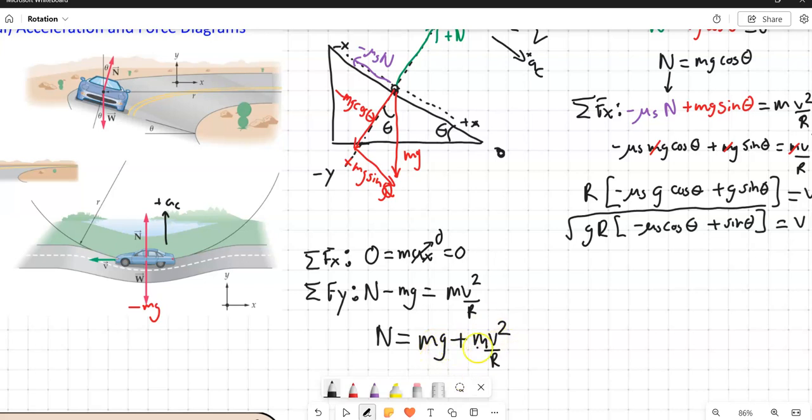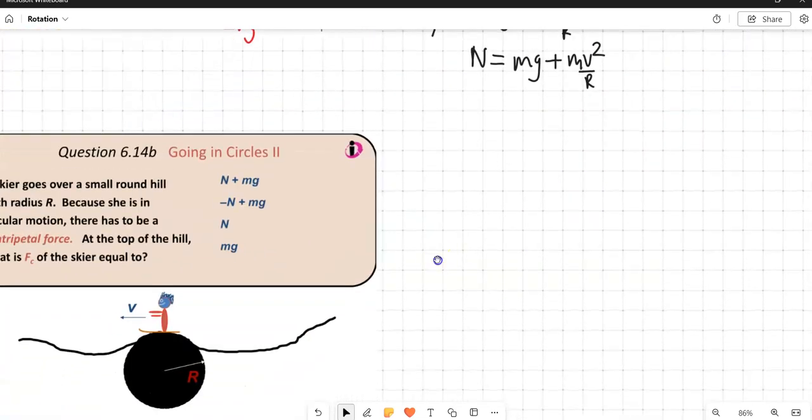It has to hold up the centripetal acceleration too. So the normal force in this case is going to be greater than the weight of the car when you're driving across a road that dips down. That's that interpretation.